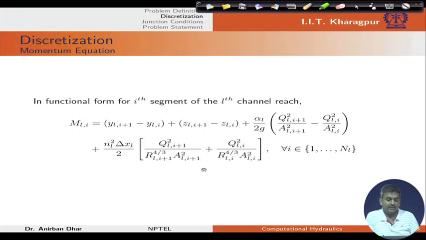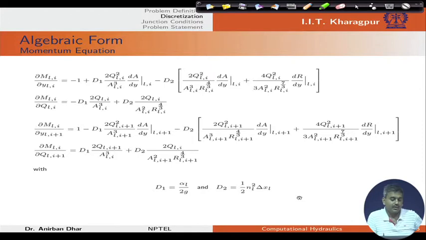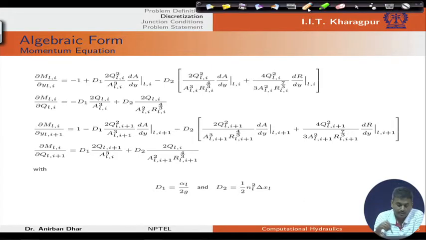Now, whenever we take the derivative of this momentum equation, we should use the square terms only, because the absolute term is not differentiable. So, if I write the elements of the Jacobian matrix corresponding to the momentum term, we have these expressions.